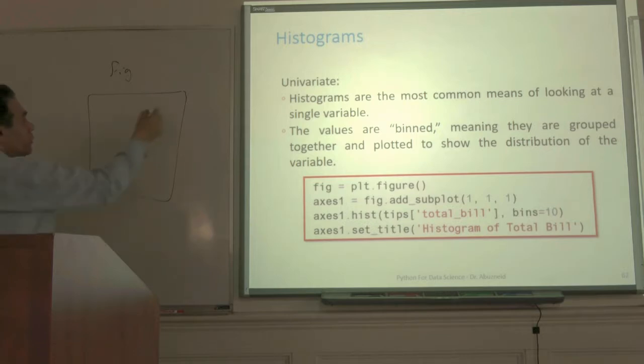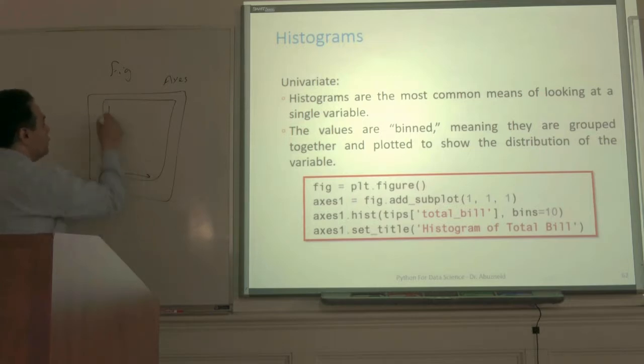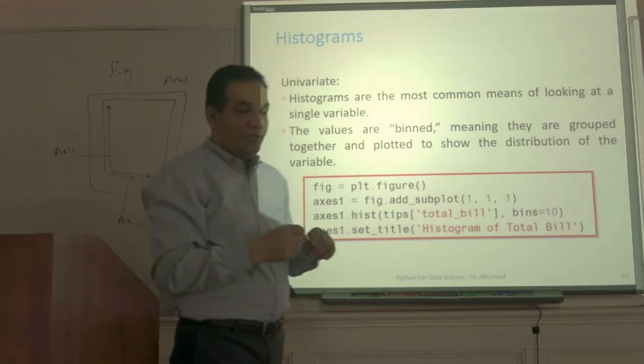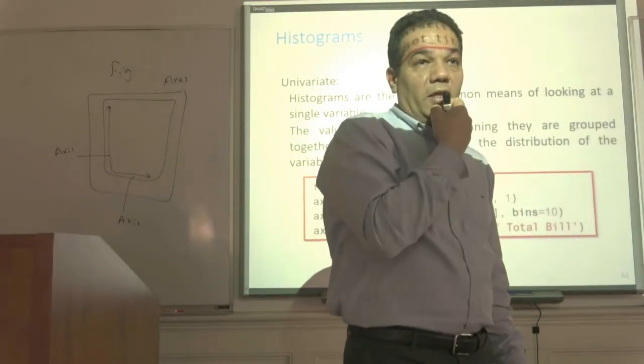Inside the figure, we're going to create axes, with an E. And each axes will have 2 axis, with an I. It's very confusing, the two: completely different meaning, the same pronunciation, different writing.